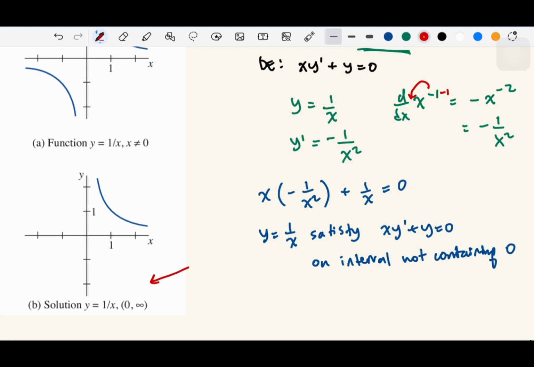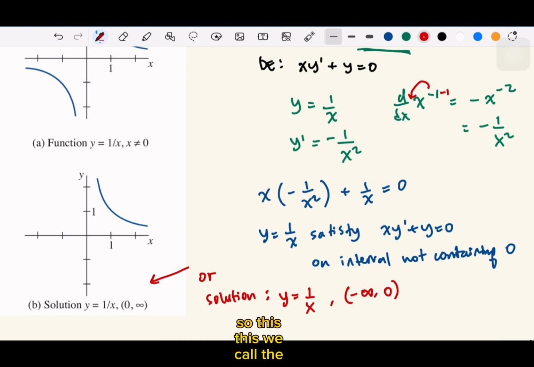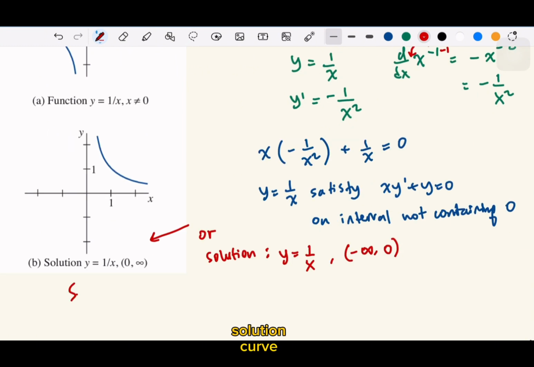Or the solution can also be 1 over x, but we can take that as this. So this we call the solution curve.